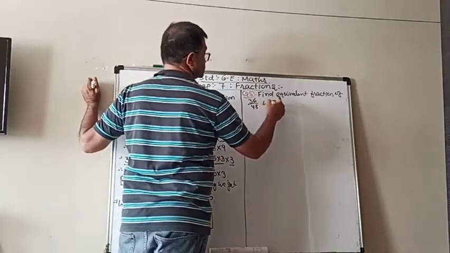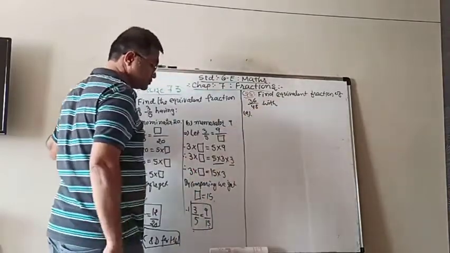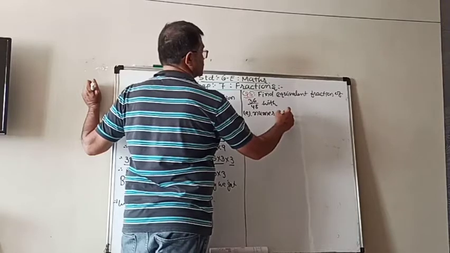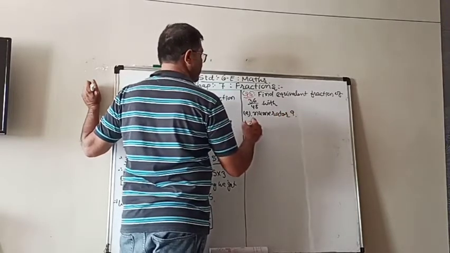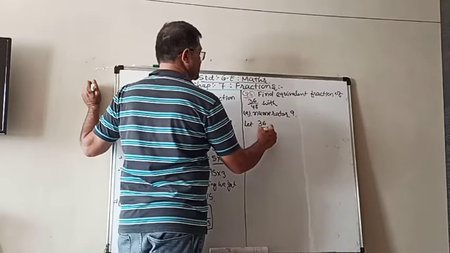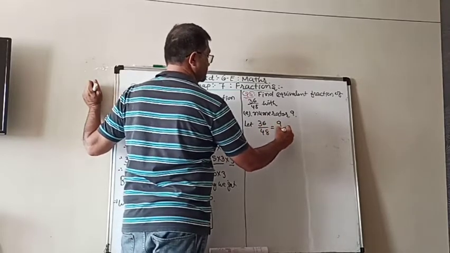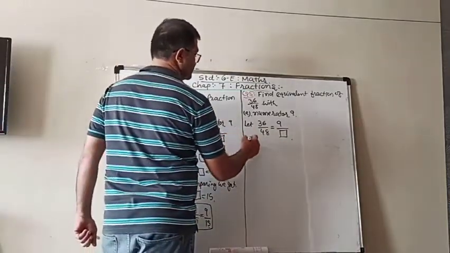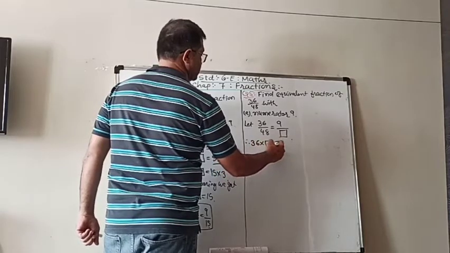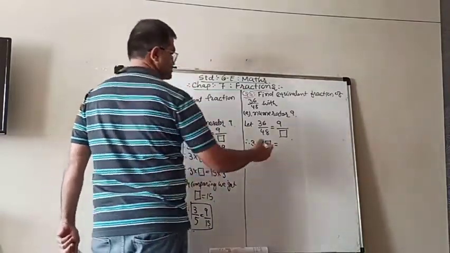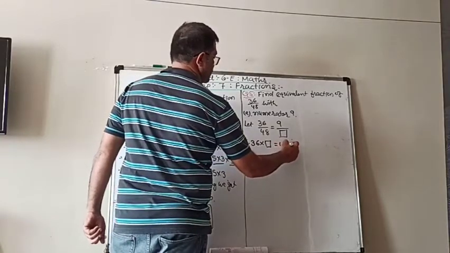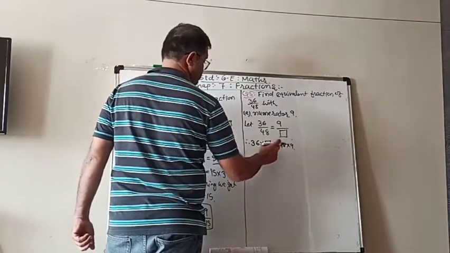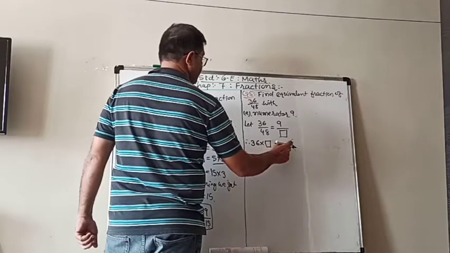So in the first, given that numerator is 9, so now let 36 upon 48 is equal to, numerator is 9, so we can put box. So therefore, 36 multiplied by box is equal to 48 multiplied by 9. So now we know that 9 4s are 36. So 12 4s are 48.